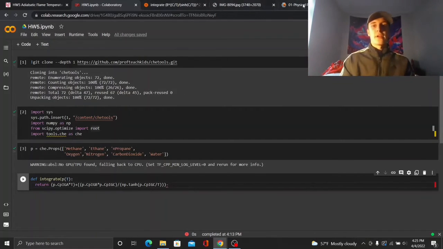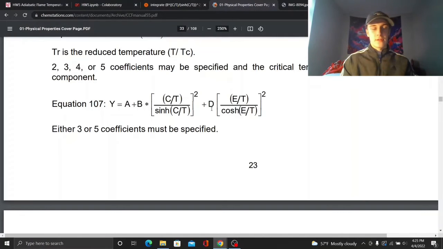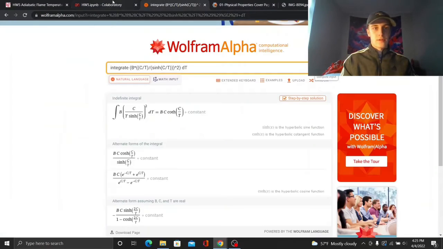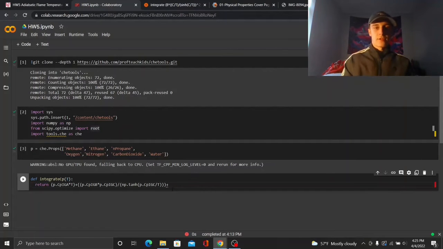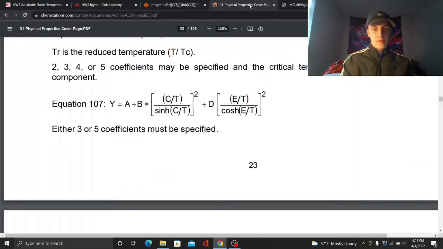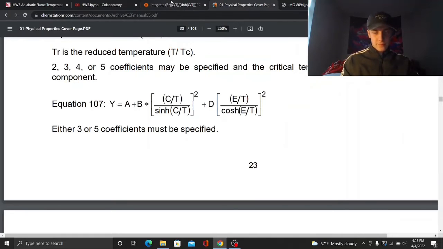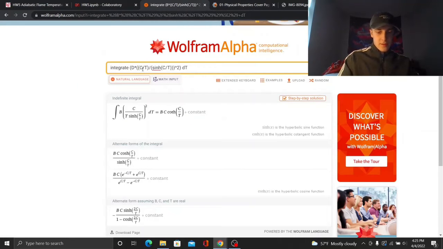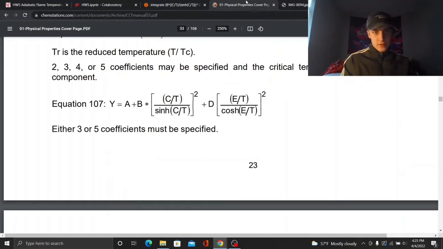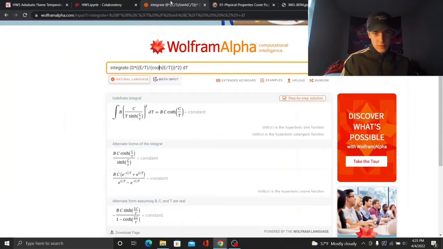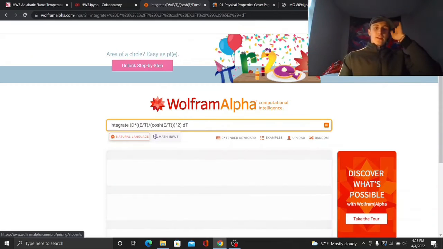And then all this plus the other term here. So this will actually be D this time. This will be E. This will be E. And this will be cosine.